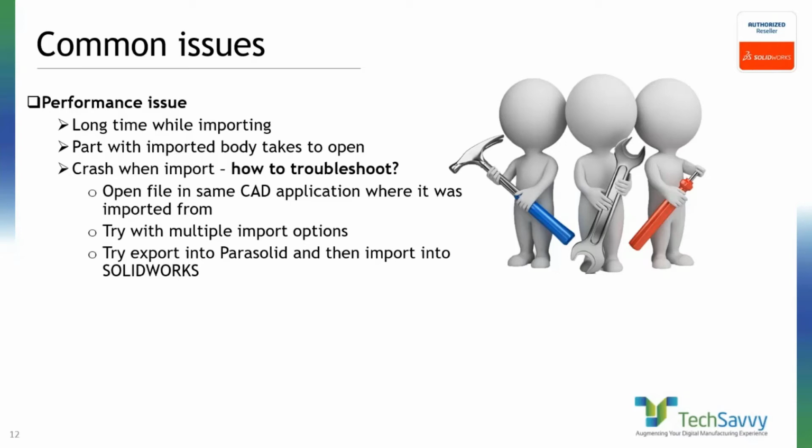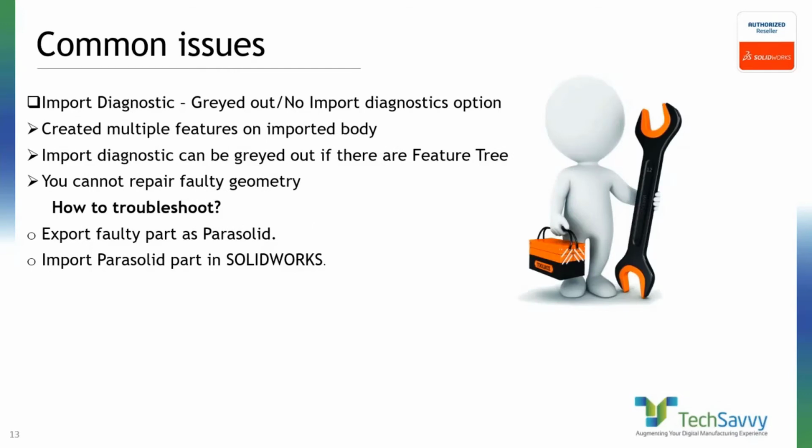The second common issue which users face is that they import the data and then find that the import diagnosis tab is greyed out, or there is no import diagnosis option at all when they right-click on the FeatureManager design tree.